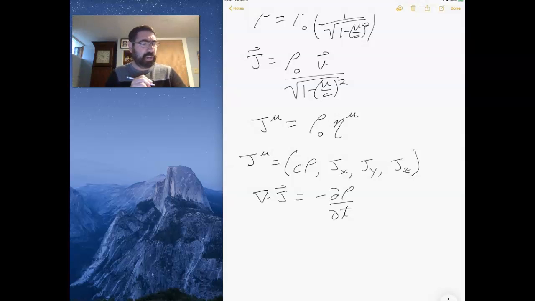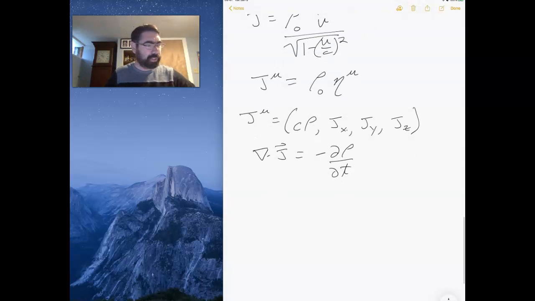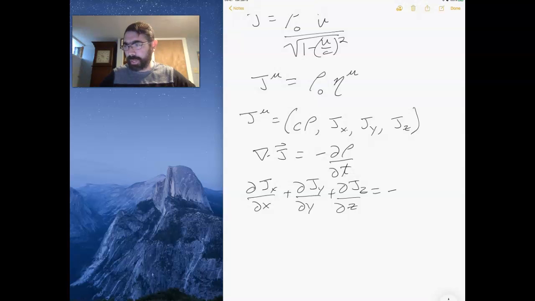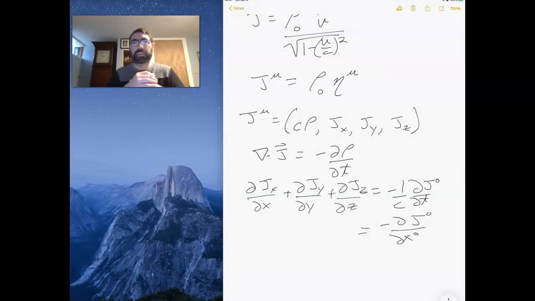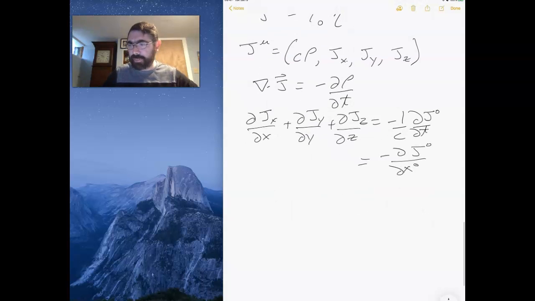And since current and charge density are now one and the same 4 vector, I could bring this together, or I could write it out explicitly as minus 1 over c, which is the same thing as writing minus the derivative of the time component of space-time. Okay, which means I can pull this all together.